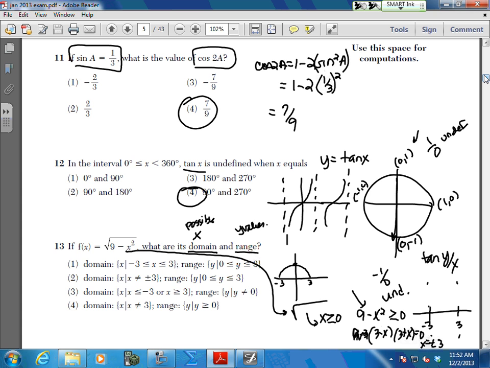Notice that parabola goes down. Your negatives are down here, your positives up here, and your negatives here. We want the positive, which is this piece right in here. So therefore, your domain is negative 3 to positive 3. It's an and statement. So get rid of anything that's an or statement, and get rid of this guy. And there's your and statement right here. And your range was from 0 to 3.